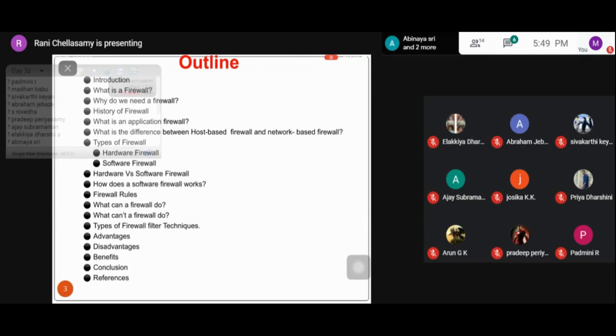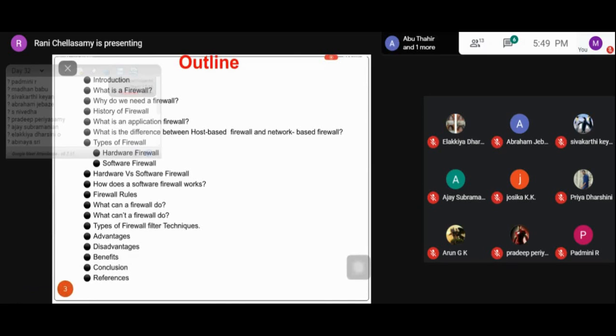Okay, and what is meant by an application firewall, and let's see what is the difference between host-based firewall and network-based firewall. Okay, and we'll be seeing the types of firewalls. There are 2 types. The first one is hardware firewall and the second one is software firewall. And we'll be seeing the comparison between the hardware firewall and software firewall.